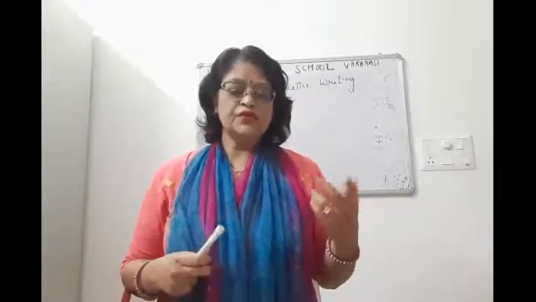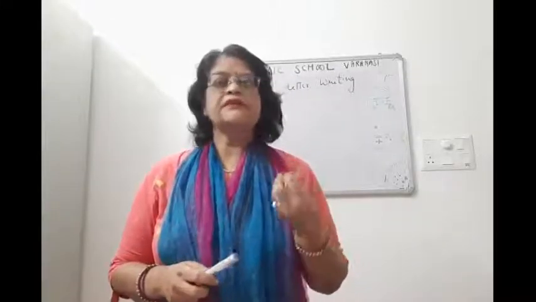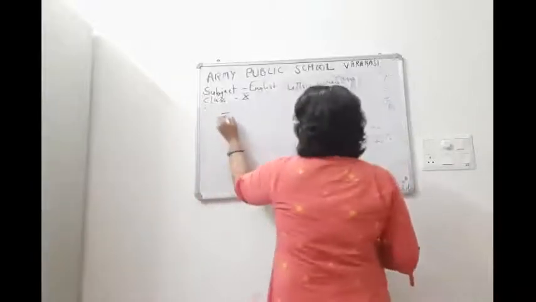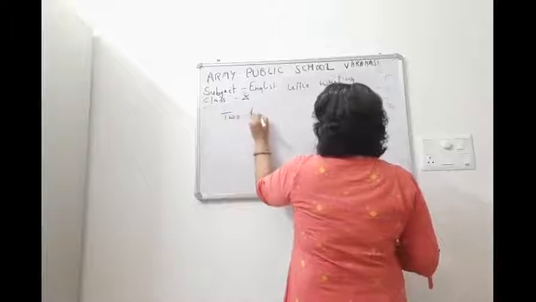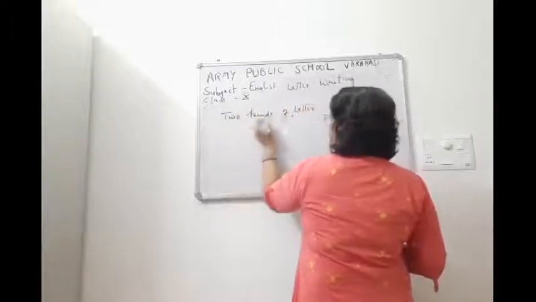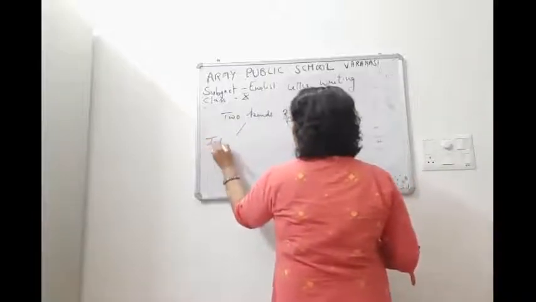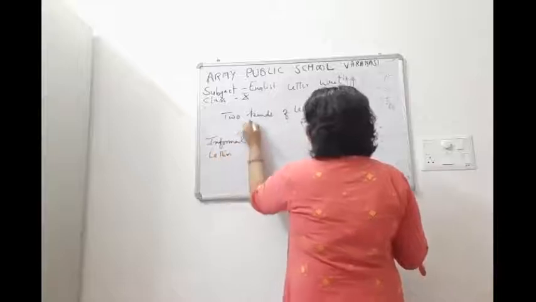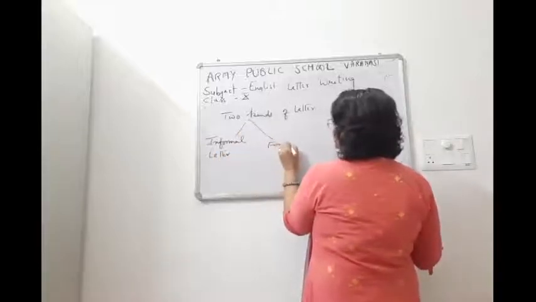So children, as I told you, letters are written communication and there are two types of letter. What are those two types of letters? Two kinds of letter. They are informal and formal letter.